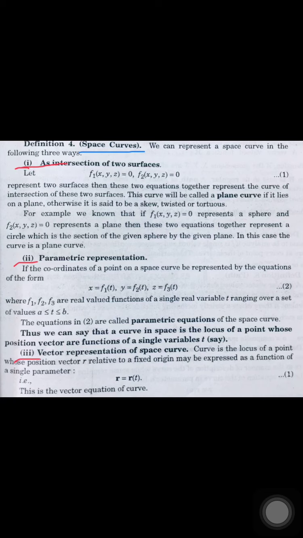This is the vector equation of a curve. So here we have considered three forms: intersection of two surfaces, parametric representation and vector representation. These are the three ways to represent a curve in space.